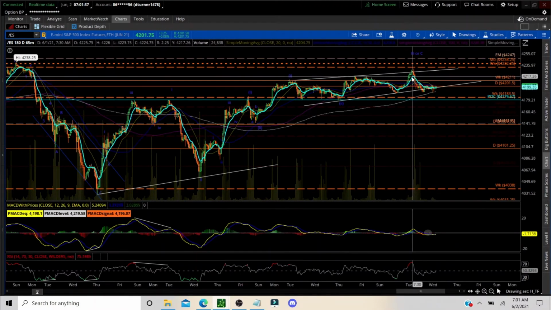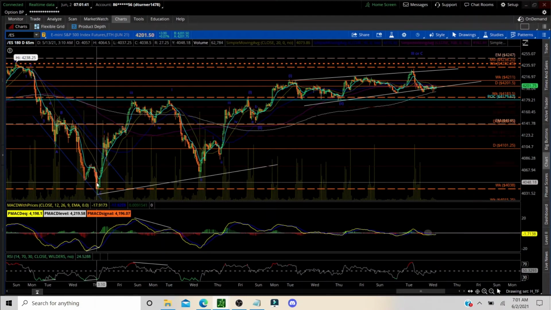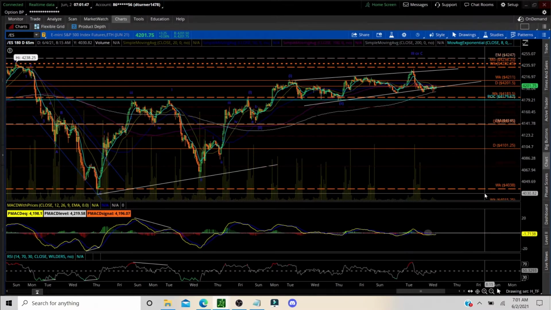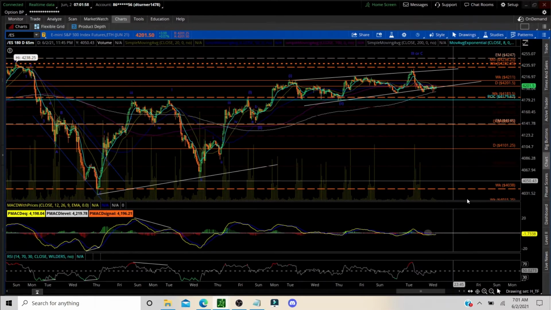This may be an ending diagonal. And if we had a wave 1, then we're probably just about finished with the wave 2. Then we'll work our way down to wave 3, but we'll have to make lower lows here. That's the only confirmation that we have that this will be a wave 3 down. I know that's a far ways away.